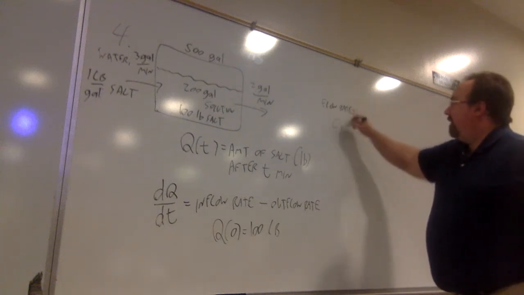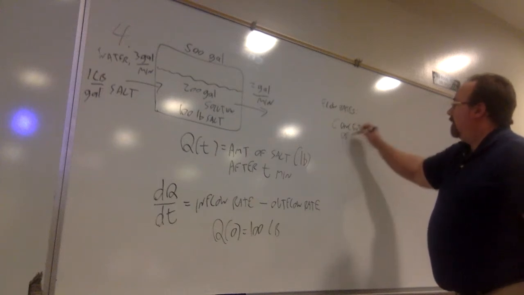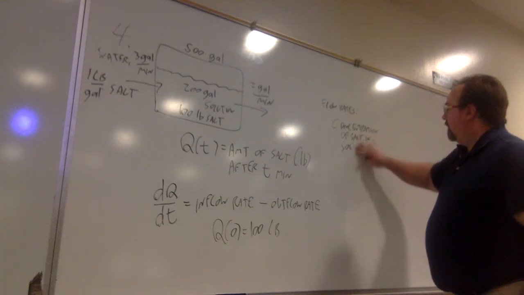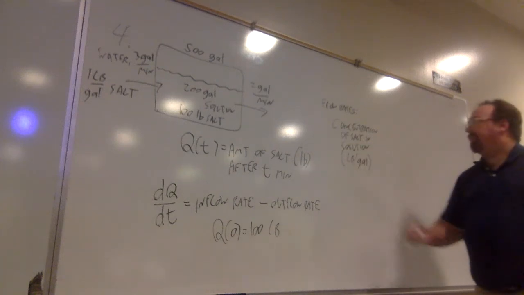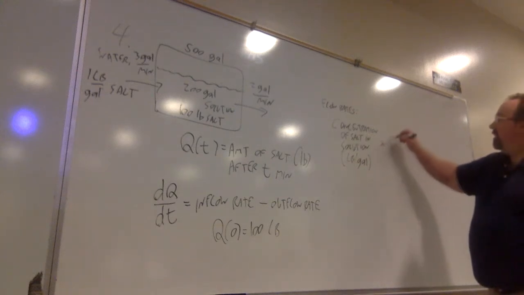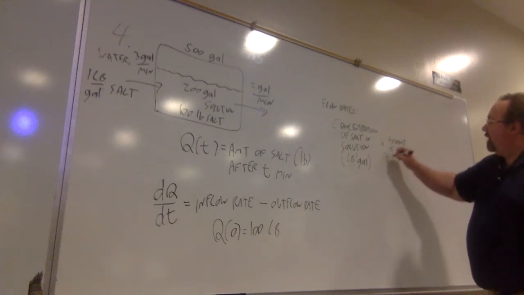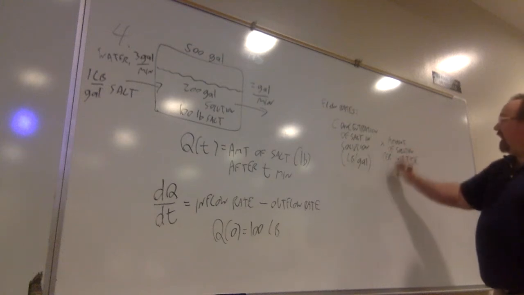So you have the concentration of salt in the solution, and that will be expressed in pounds per gallon, times the amount of solution that's coming in or out per unit of time.